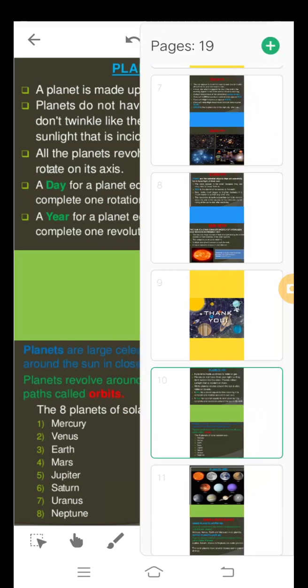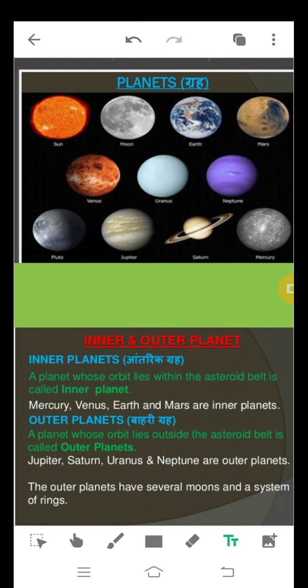Out of all these 8 planets, 4 planets are called inner planets and the other 4 are known as outer planets. What is the meaning of this? A planet whose orbit lies within the asteroid belt is called an inner planet. Mercury, Venus, Earth, and Mars are inner planets.